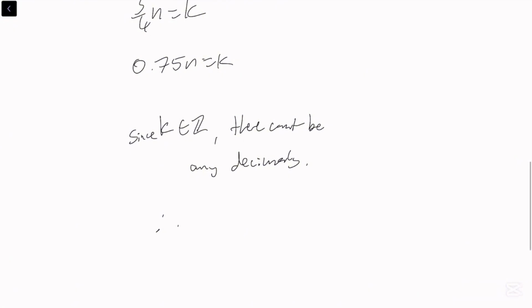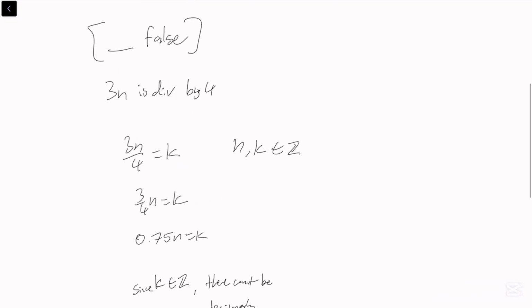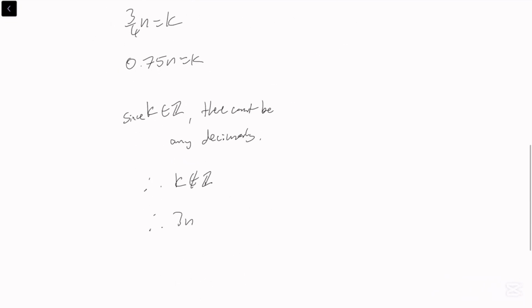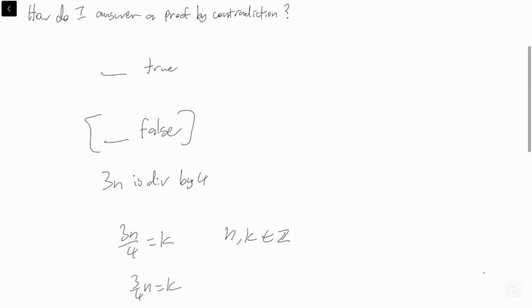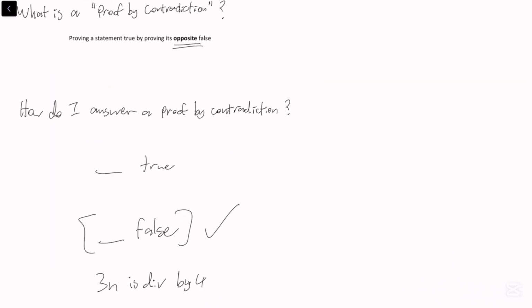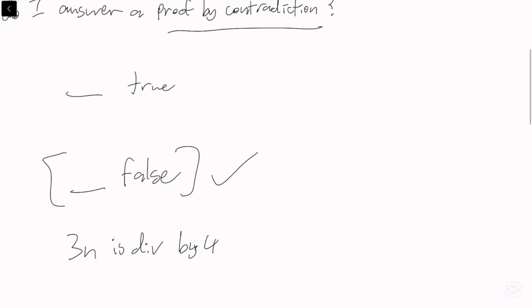So therefore, k cannot be an integer, and therefore 3n cannot be divisible by 4. Now we've proved that this statement is false. So that contradicts this statement, and that's where the name proof by contradiction comes from. Once we prove that, we can then say that this statement is true.